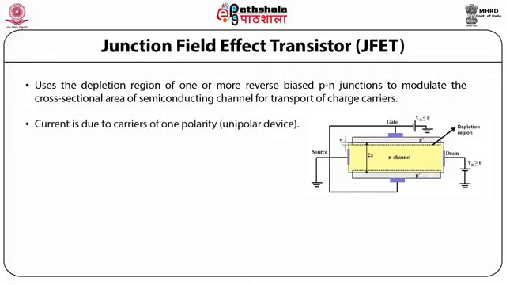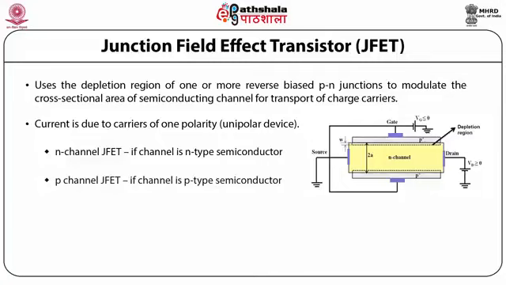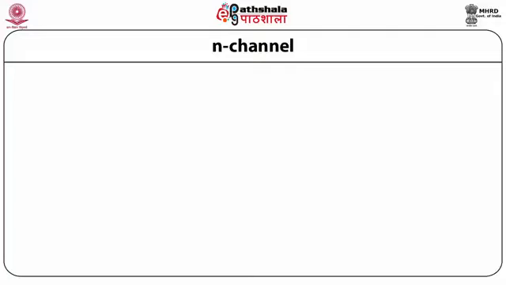Here the current is due to carriers of one polarity, a unipolar device. So we have the N-channel JFET if the channel is N-type semiconductor, and we have the P-channel JFET if the channel is P-type semiconductor. Let us first discuss the N-channel JFET.